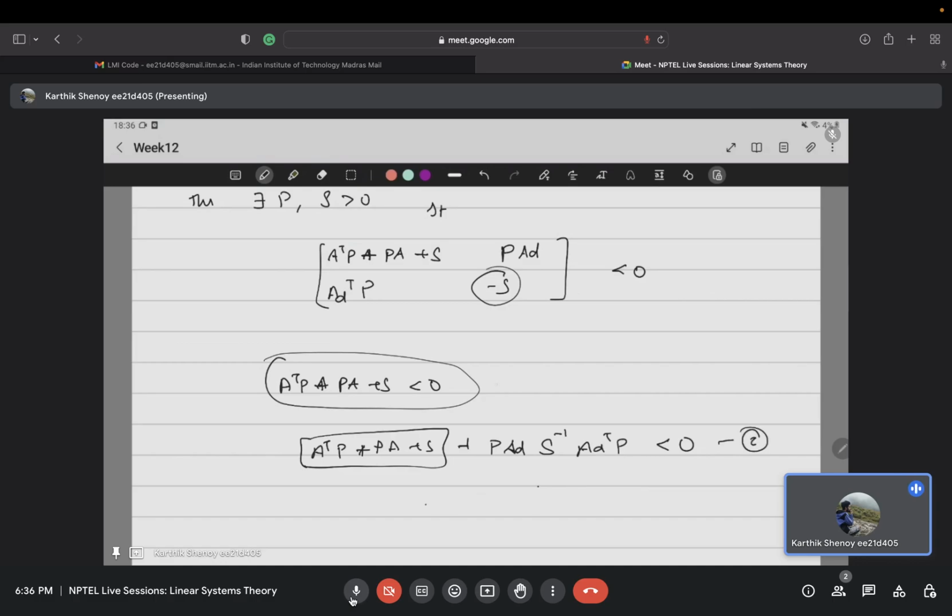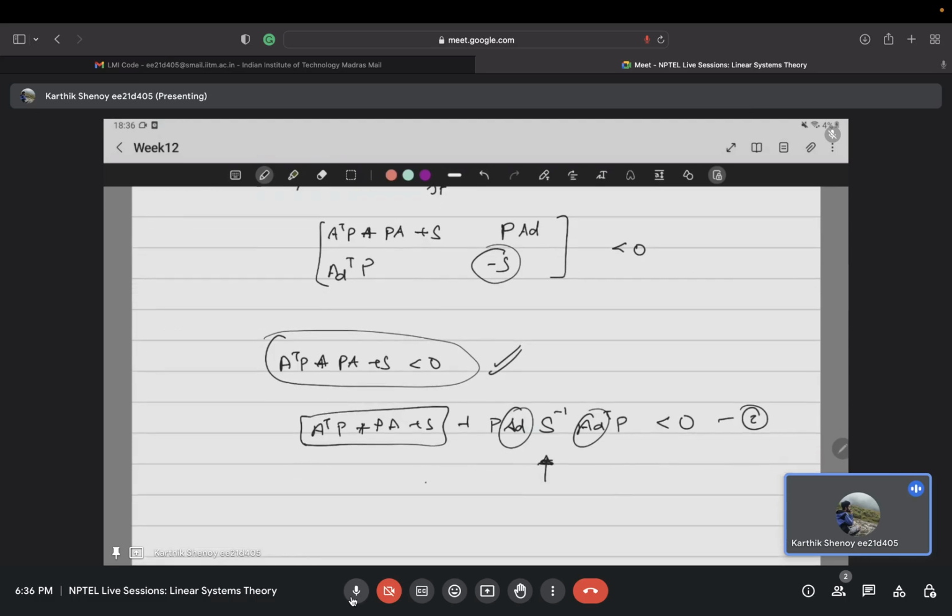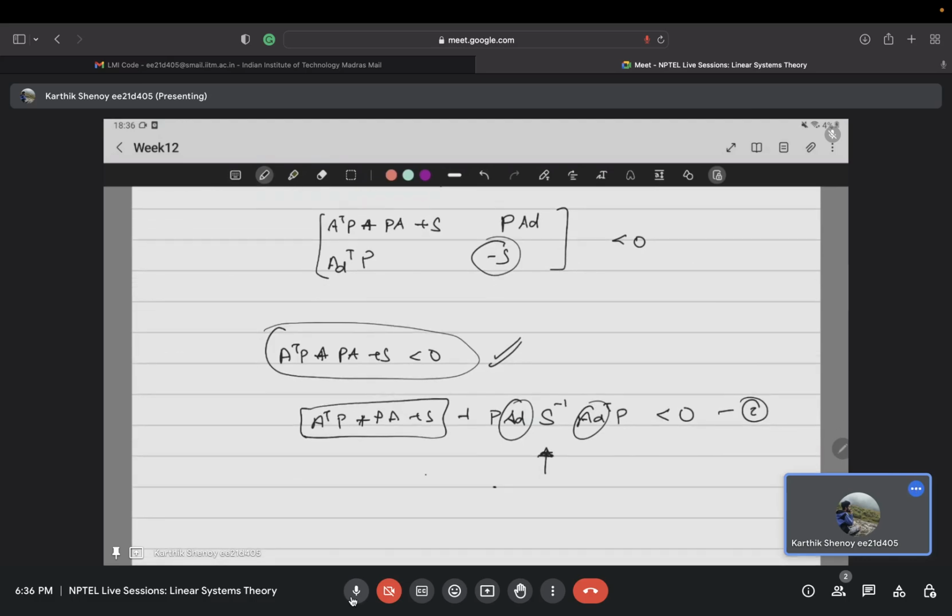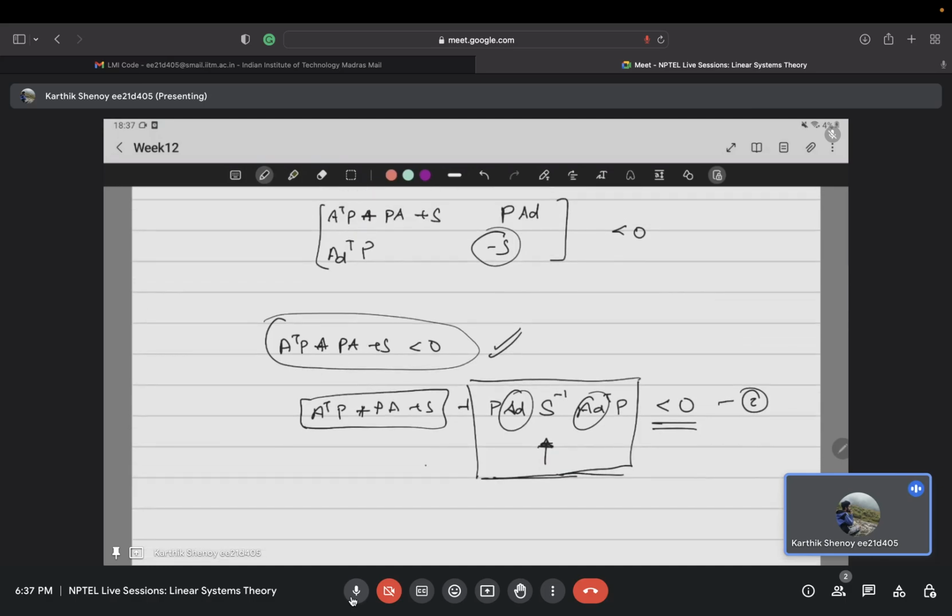The first one doesn't have any delay term, it doesn't care what the delay is, and the second has this delay term. So even having delay, it should be negative definite. In some sense this incorporates the energy in the delayed values. You can see tau does not enter the entire LMI, so it's not dependent on tau.